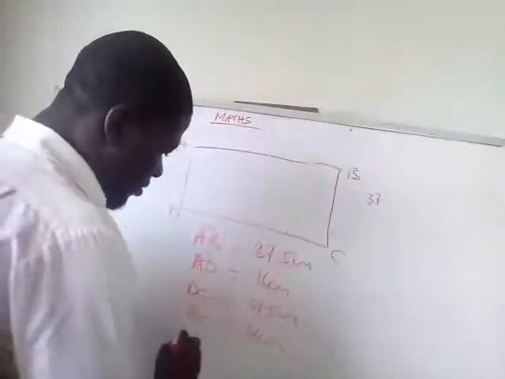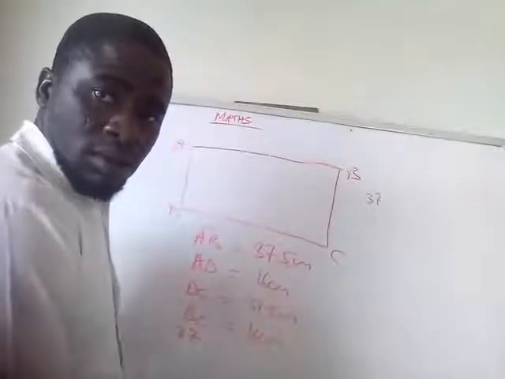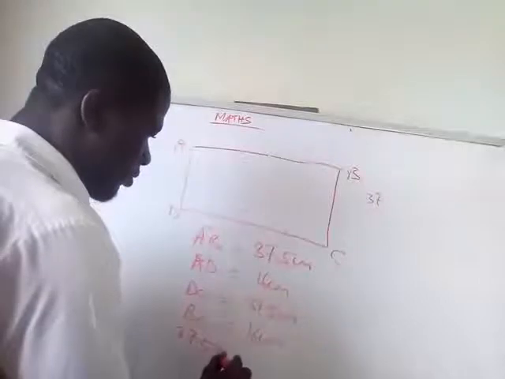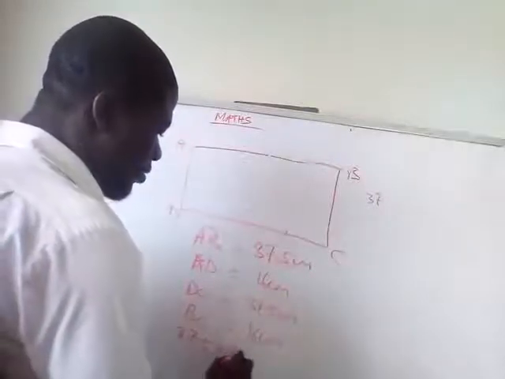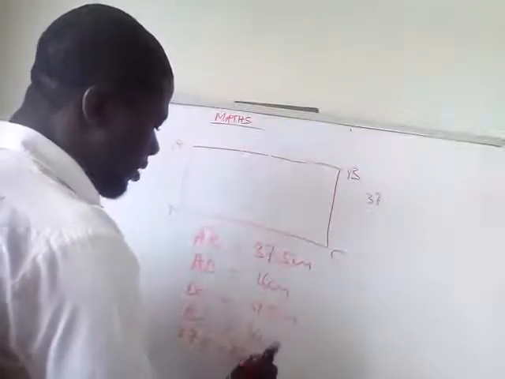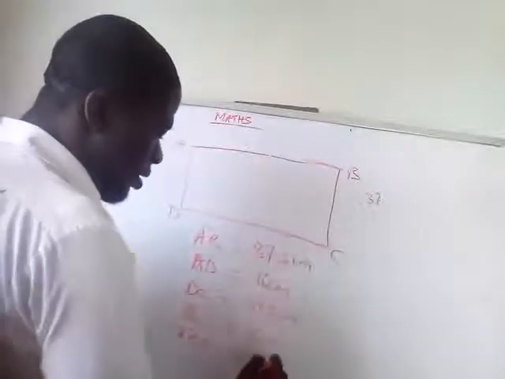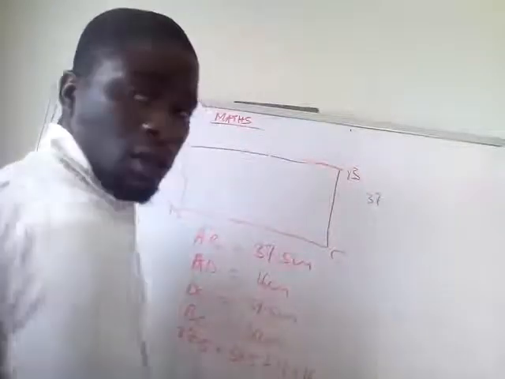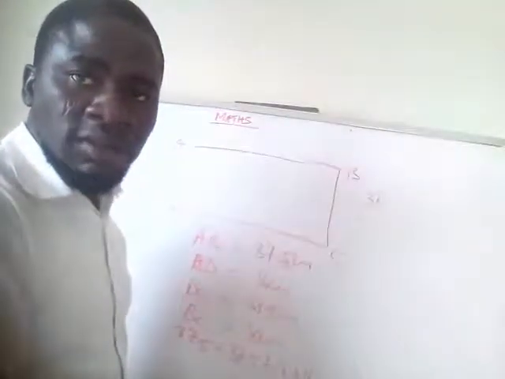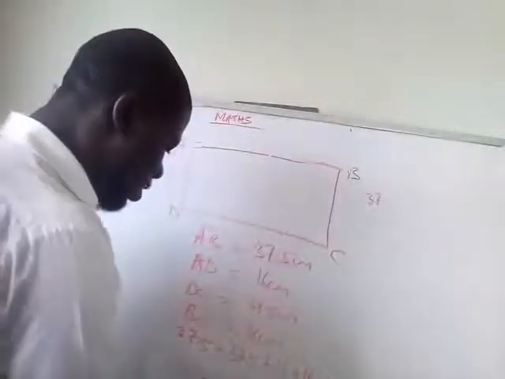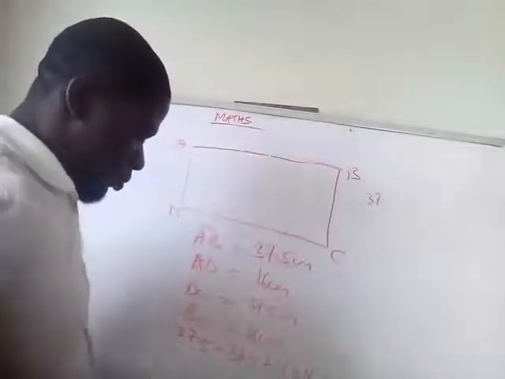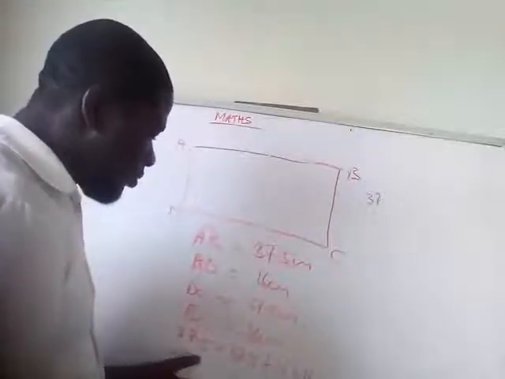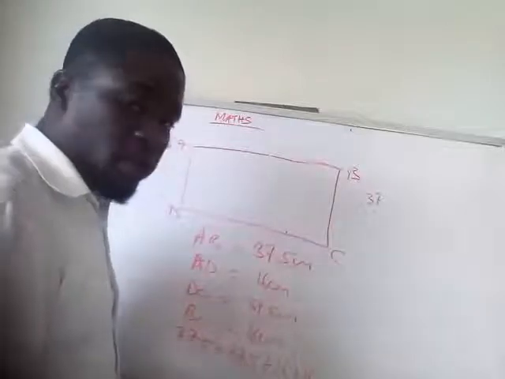You have 37.5 plus 37.5, that's this one and that one, plus 16 plus 16, all in cm, is equal to 37.5 plus 37.5.